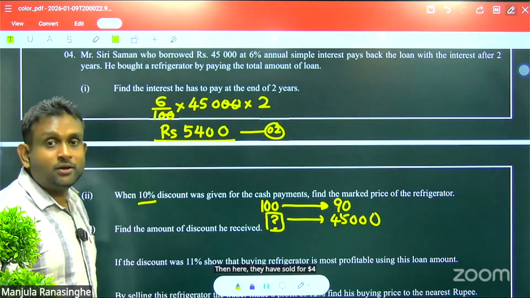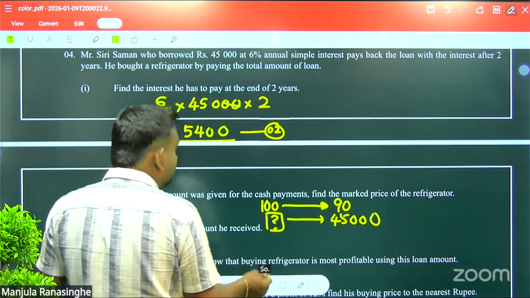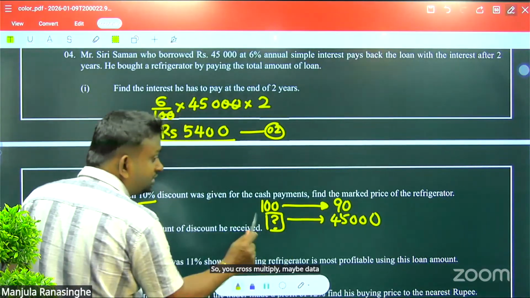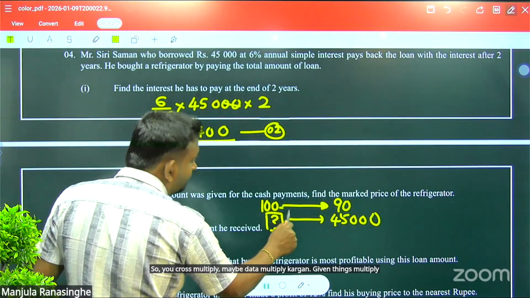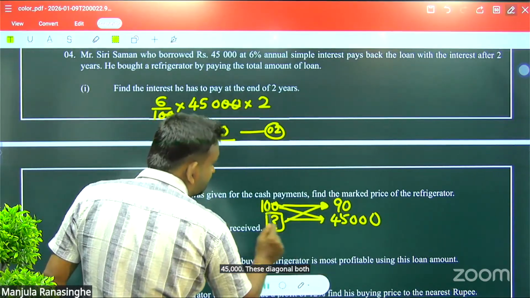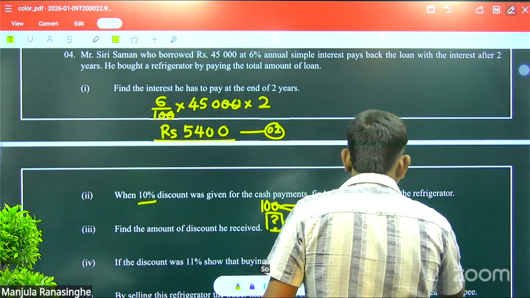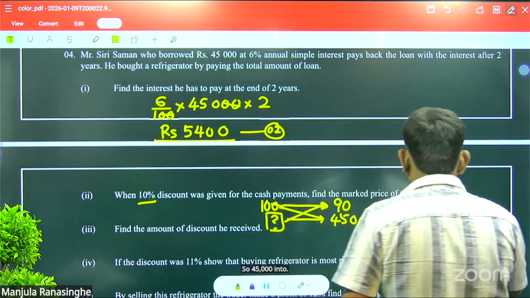What's the marked price? When this part is known, you cross multiply. Multiply like this. Multiply the two given things first. 100 into 45,000. These diagonal ones are both given, so you multiply those. So 45,000 into 100.